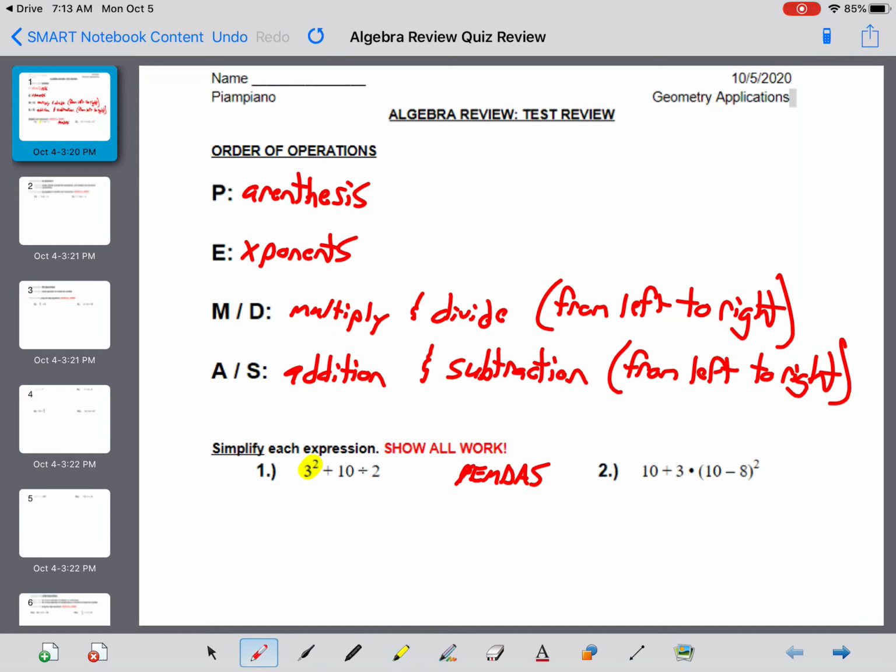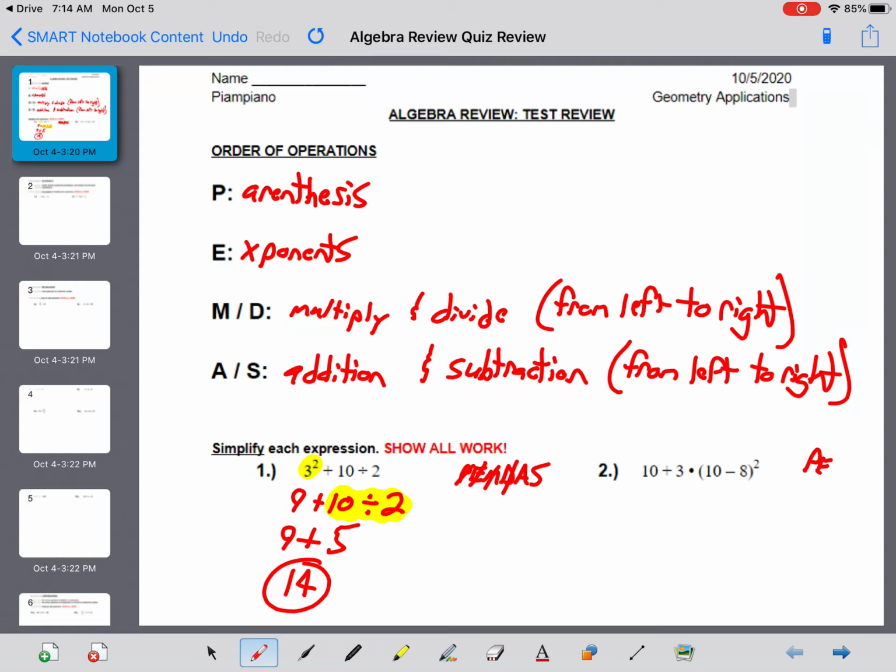So no parentheses, move on to exponent. 3 squared is 9, so you get 9 plus 10 divided by 2. Okay, exponents are done. I don't see any multiplication, but I do see division. 10 divided by 2, so bring down your 9 plus because you're not using it, and 10 divided by 2 is 5. So there's your division. Addition, subtraction, well, you have addition. 9 plus 5 makes 14.